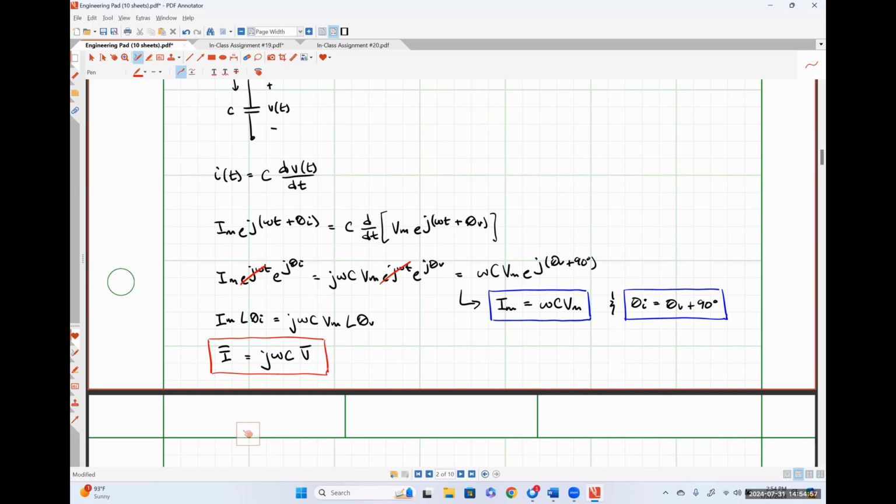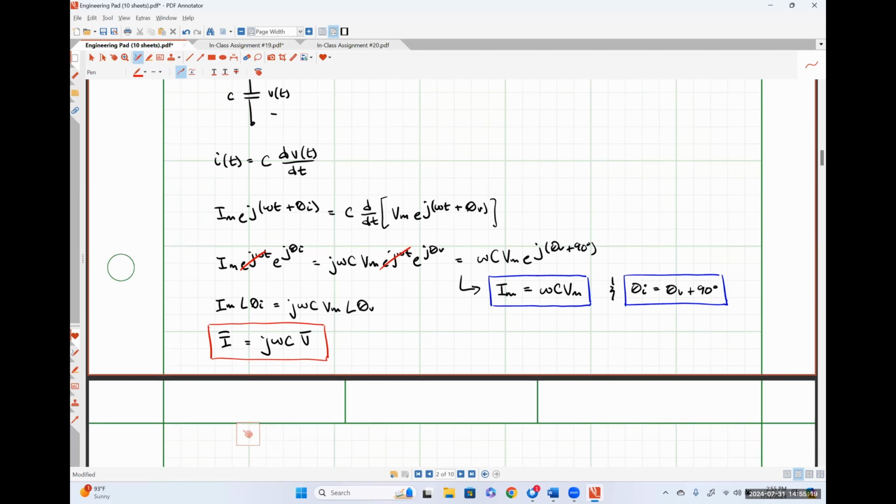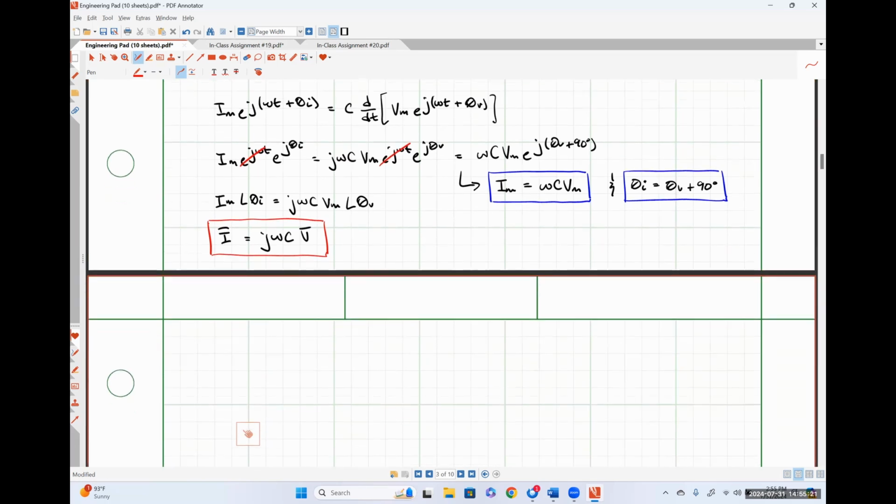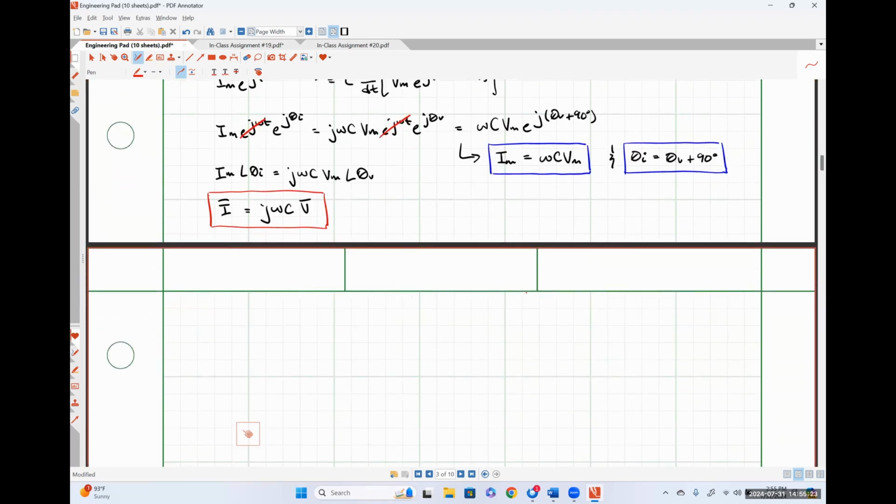So we are one relatively small step away from being able to analyze circuits in the frequency domain without having to use literally any calculus or any trig identities at all. Okay. So that one little step that we still need to sort out is what's commonly called impedance.